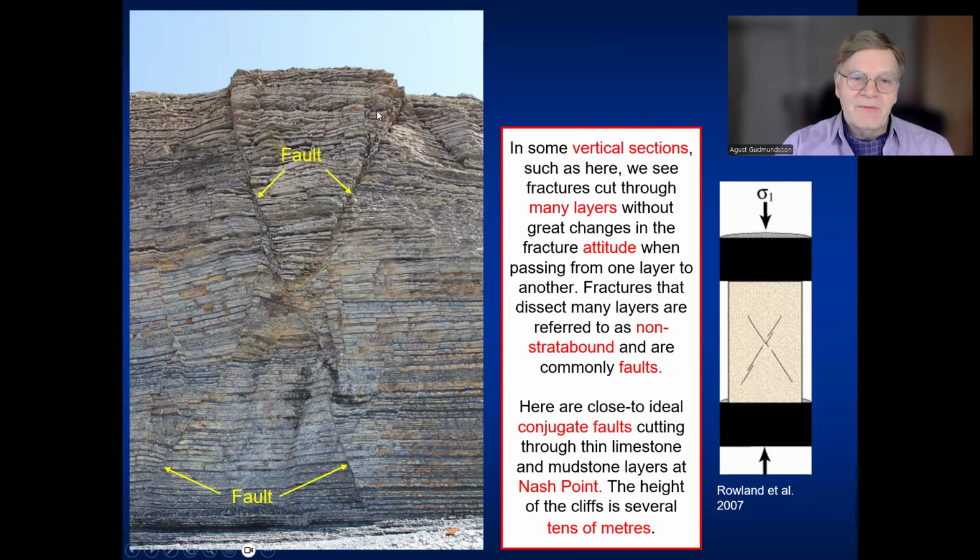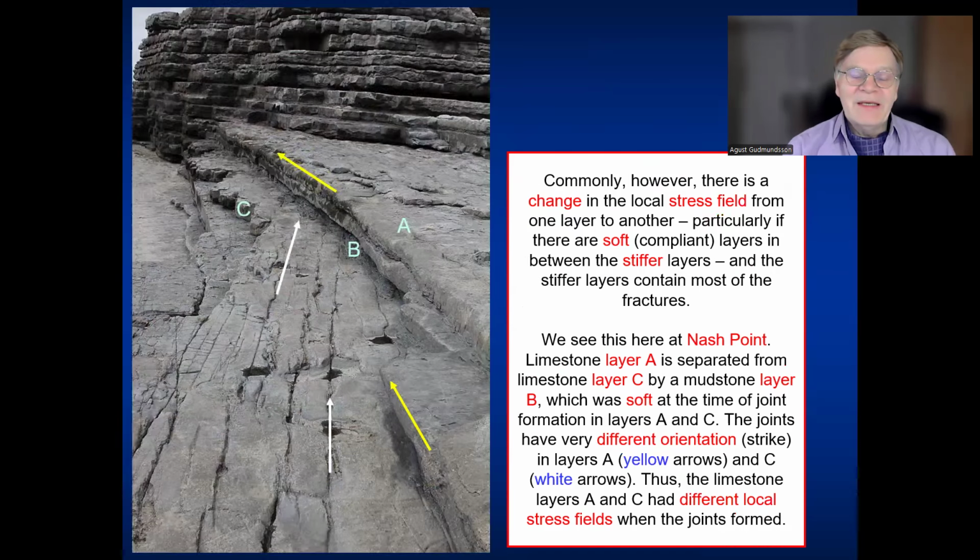So here we see the fracture going through the layers without much change in attitude. But as I said also earlier, it's not always the case. And we see here, not far from the other place, this is exactly the Nash Point, an abrupt change in the orientation and the attitude of the joint from one limestone layer to another one. Let's look closely here.